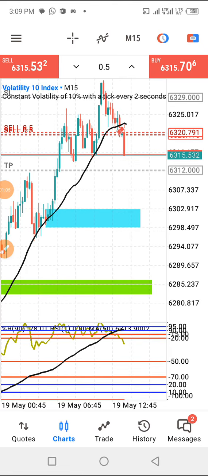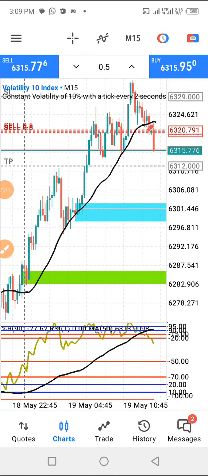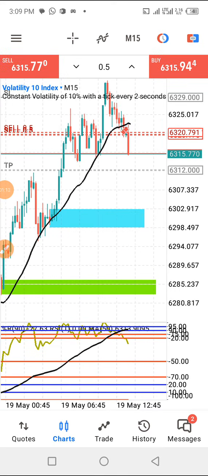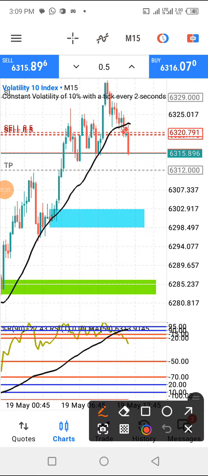Now, today's strategy is just based on few indicators, but before I show you the settings, let me tell you how you use it to take both buy and then sell order. Now, when you check the main chart, we only have this black line.